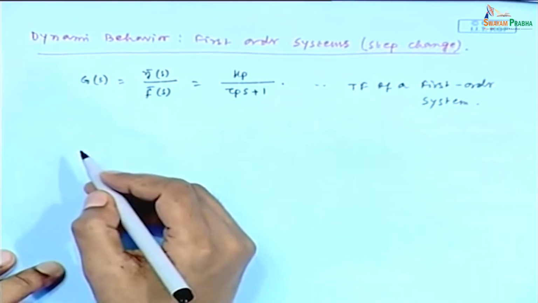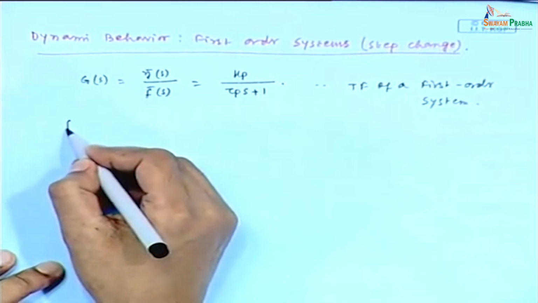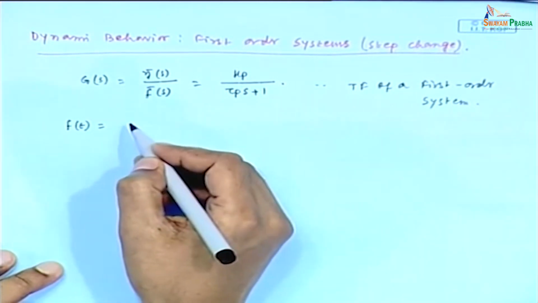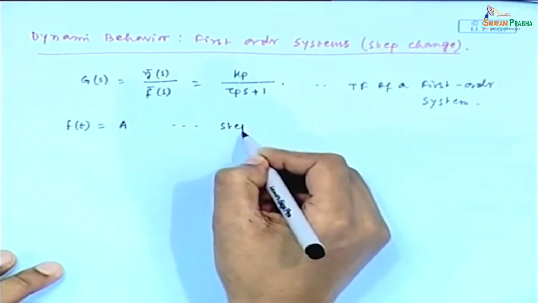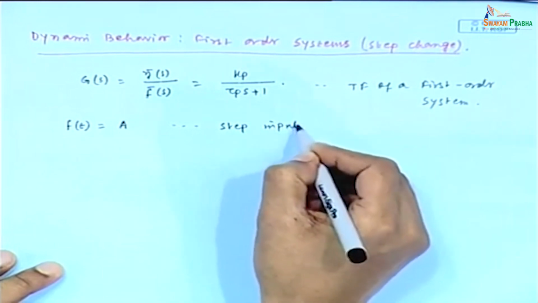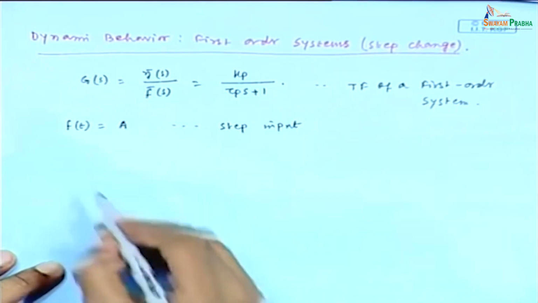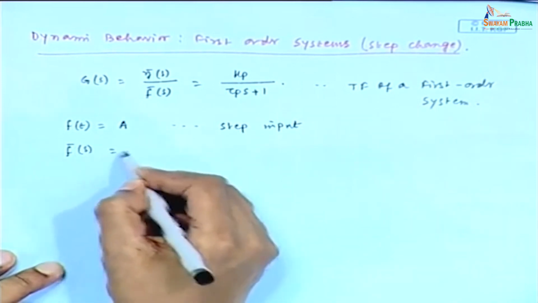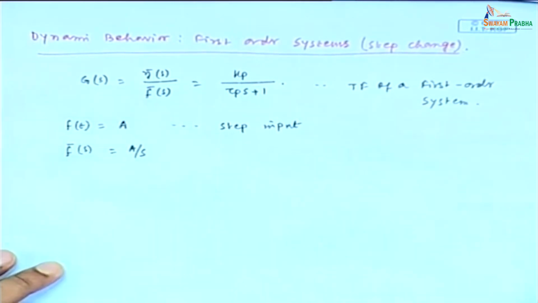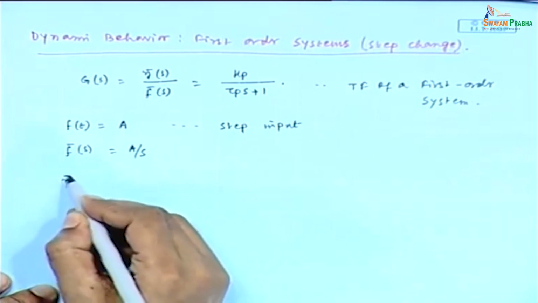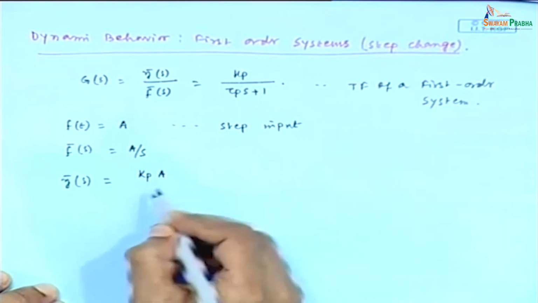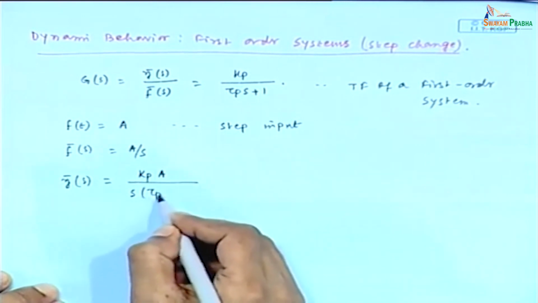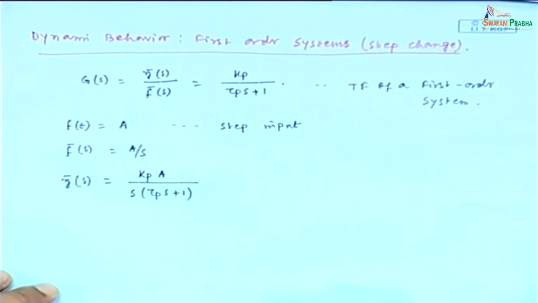Now, we will consider step change with suppose magnitude A. This is step input, fine. That means F bar(s) equal to A by s, agree. Then Y bar(s) becomes Kp A divided by s into (tau p s plus 1).